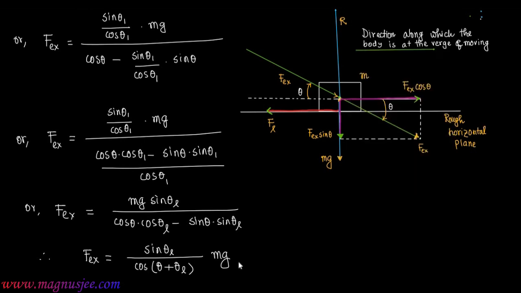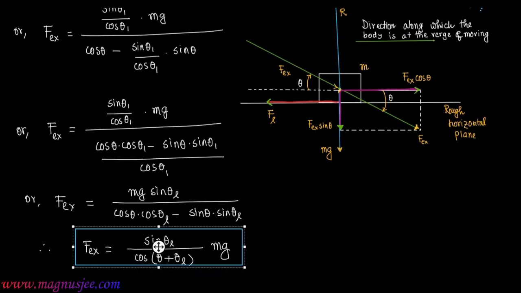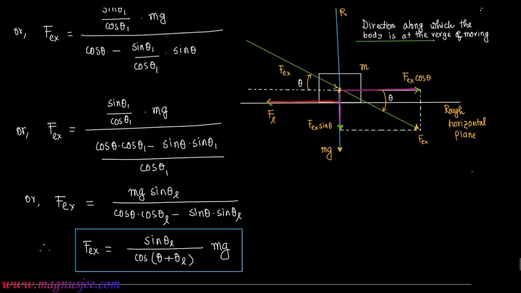Fex is equal to sin theta L divided by cos (theta plus theta L) into mg.